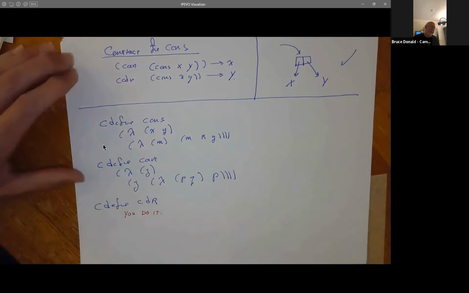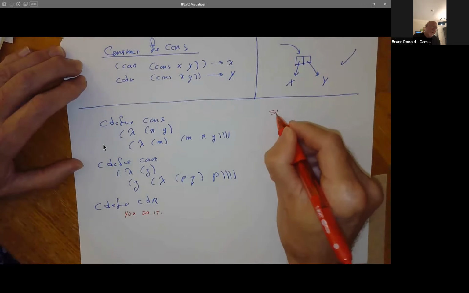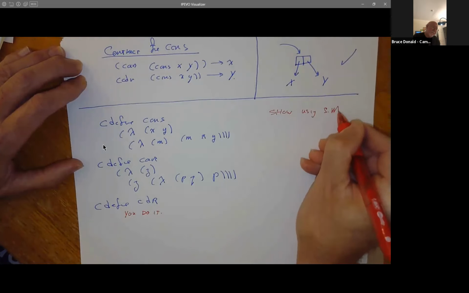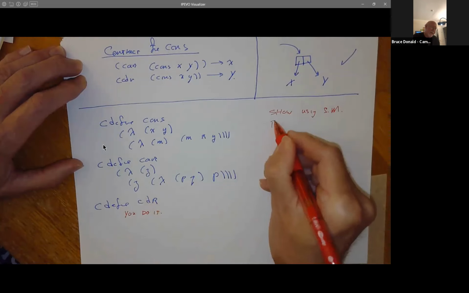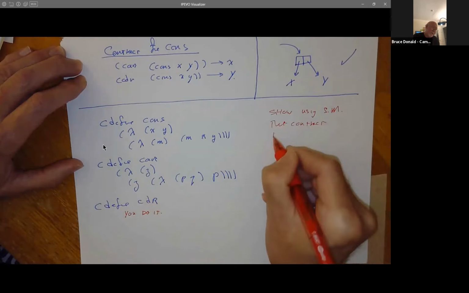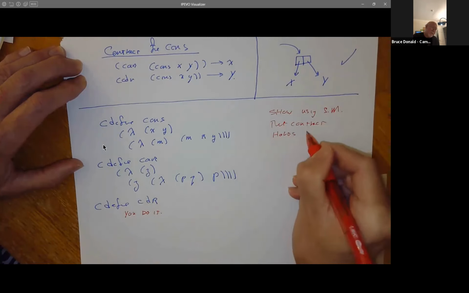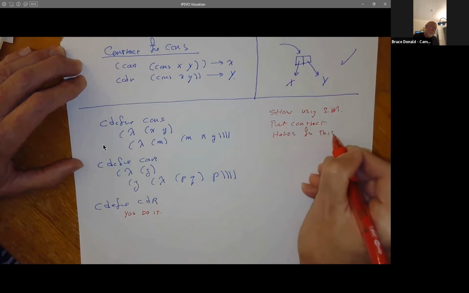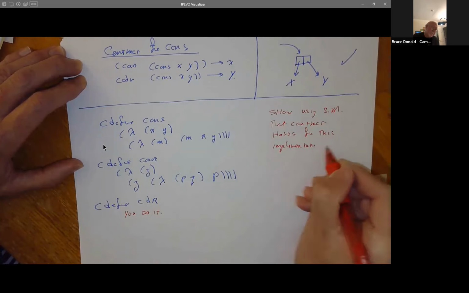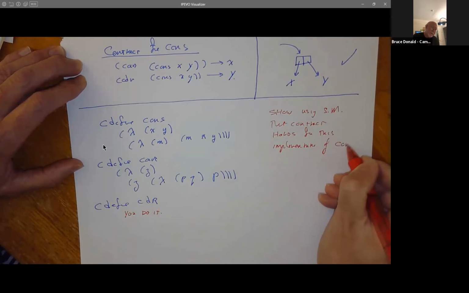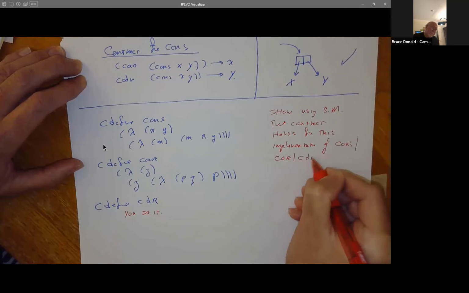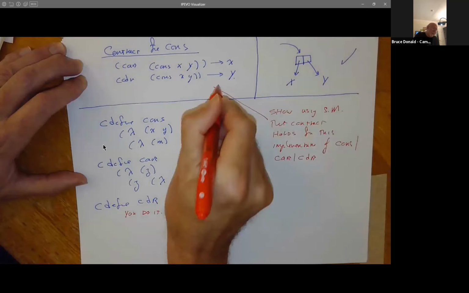And then the second part is show, using the substitution model, that the contract holds for this implementation of cons, car, cdr. And by contract, I mean this specification here.